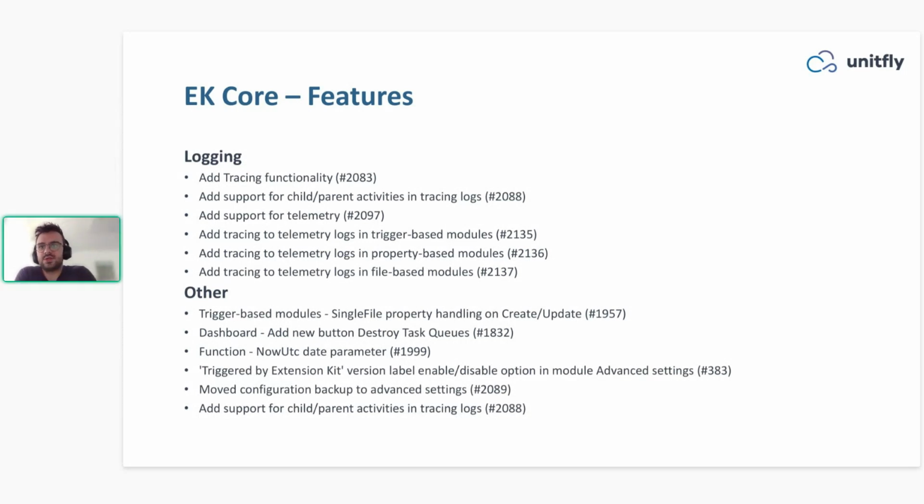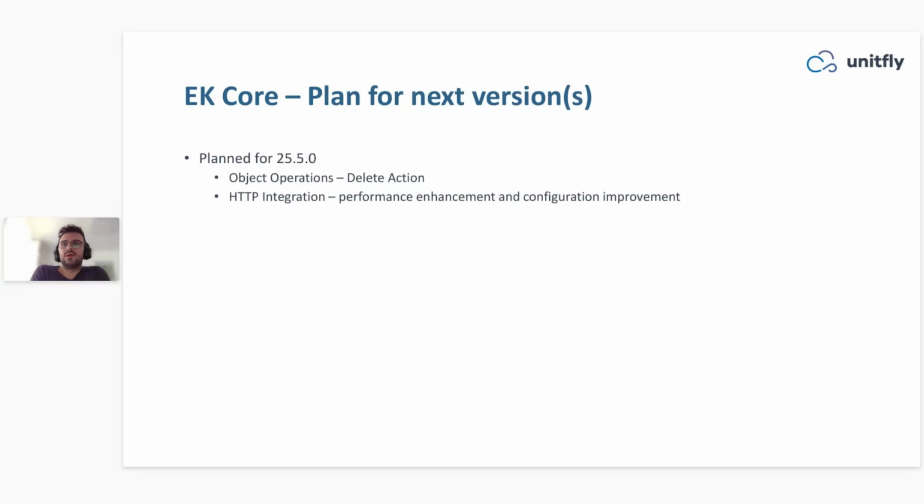Also, we added option that you may disable or enable the triggered by Extension Kit version label. So if you don't want to add triggered by Extension Kit value in your objects, you can disable that. All of these changes are available in our release notes on Extension Kit website, and you can see there is a lot of also bug fixes that we resolved.